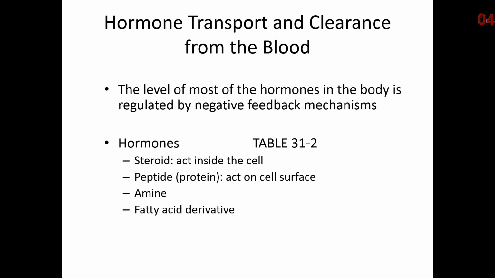As you can see on the slide, the steroid hormones, which are like aldosterone, the glucocorticoids, your estrogens, your testosterones, actually act inside once they're inside the cell. These are generally bound to protein carriers for transport, and they're inactive in their bound state.